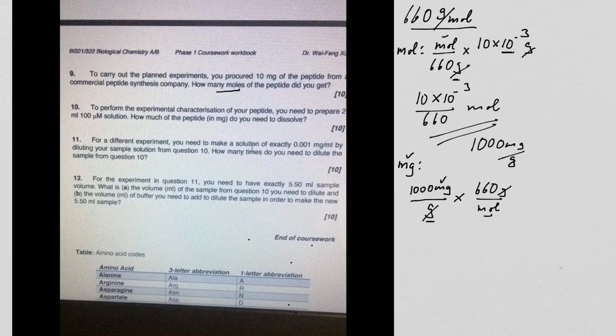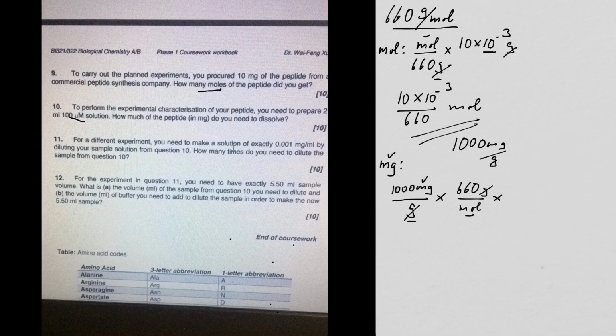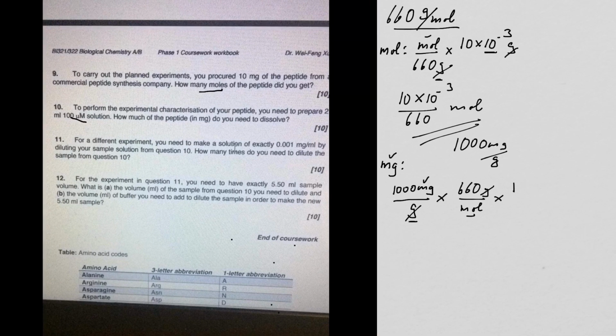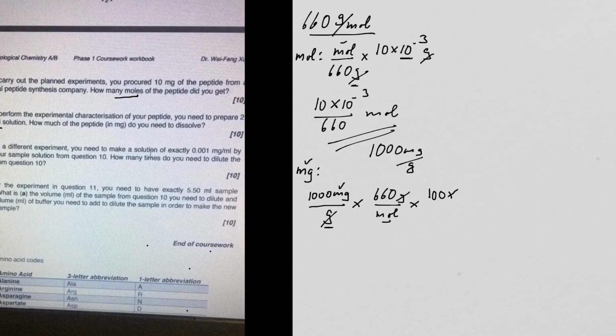Now we need to get rid of the mole. Do we have mole in our questions anyway? Yes, we've got that here in the 100 micromolar. So 100 micromolar means times 100 times, and I'm running out of space here, 10 to the minus 6 mole per liter.